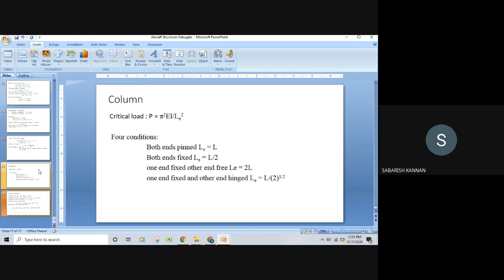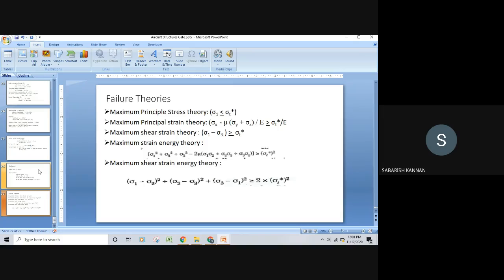And the final one is failure theories. The failure theory is one of the most important topics also. We have five failure theories: maximum principal stress theory, maximum principal strain theory, maximum shear stress theory, maximum strain energy theory, and maximum shear strain energy theory. So these are the five basic failure theories.